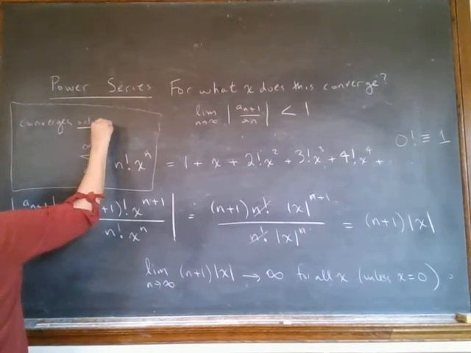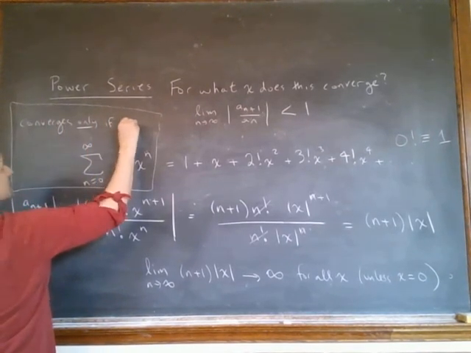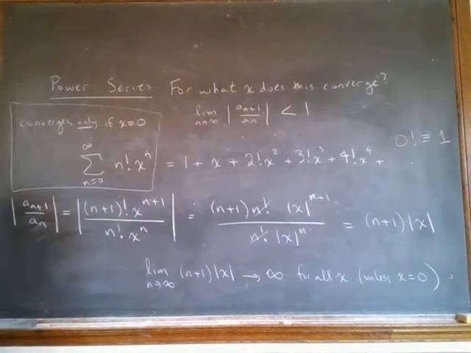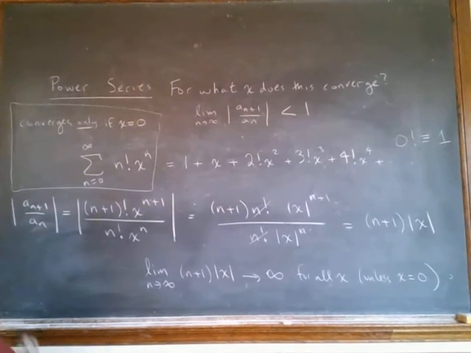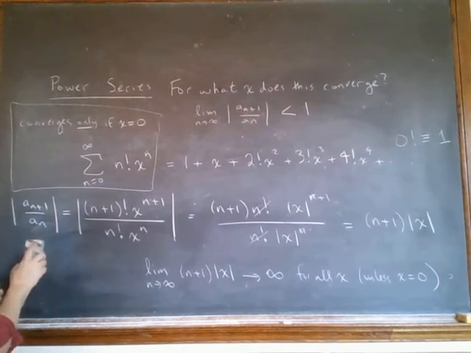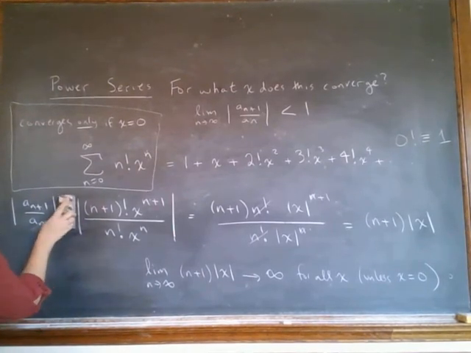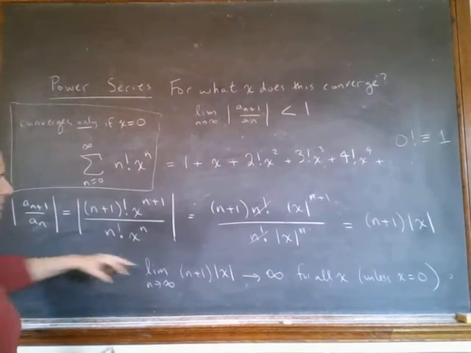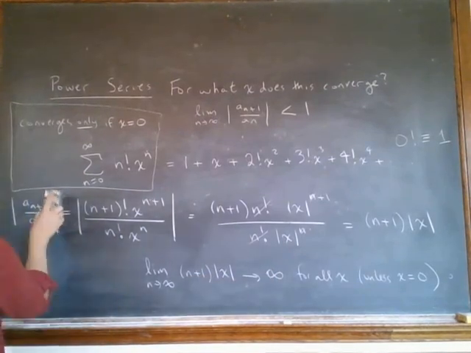It converges only if x equals 0. For a power series, that's actually as bad as you can get. There's no way I can make that less than 1.